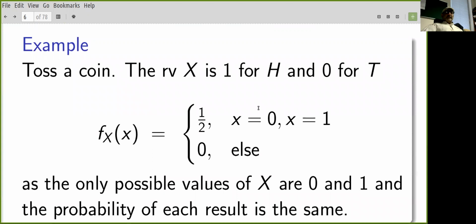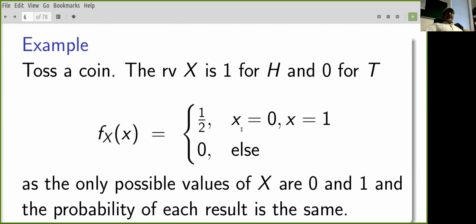Let's say we're going to toss a coin. The random variable x we'll say is 1 if you tossed a coin and got an H, and 0 if you flipped a tail. So the probability mass function, the PMF for this x, is 1/2 for x equals 0 and x equals 1, and it's 0 otherwise.